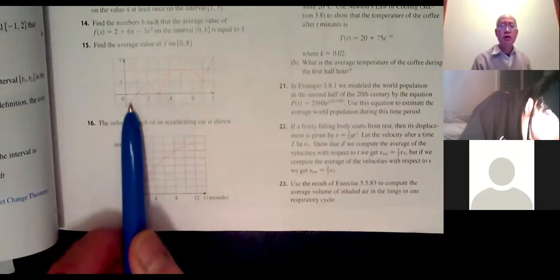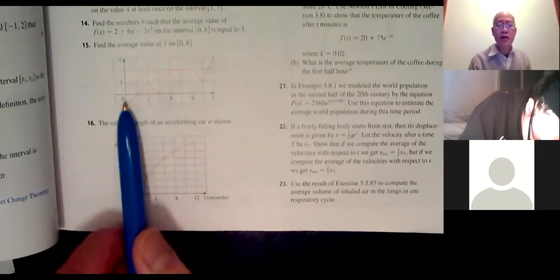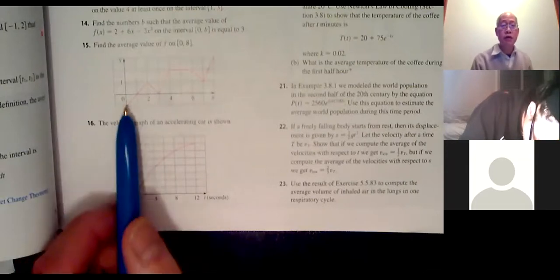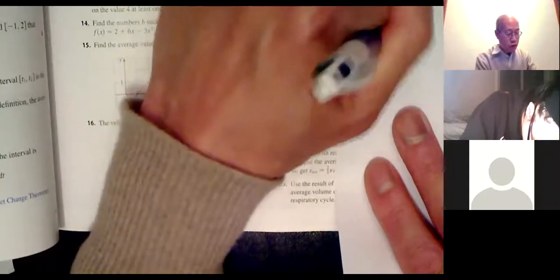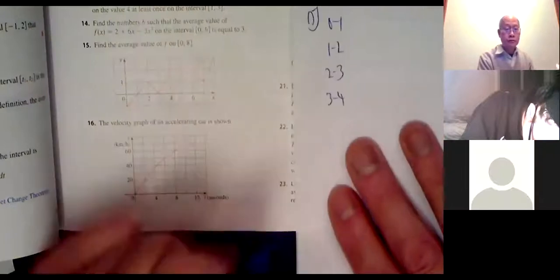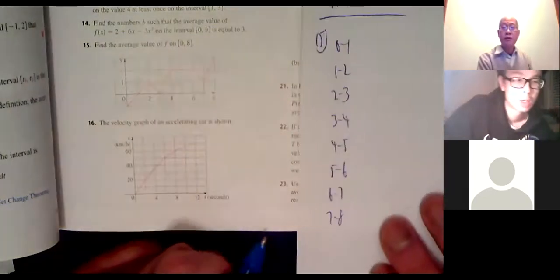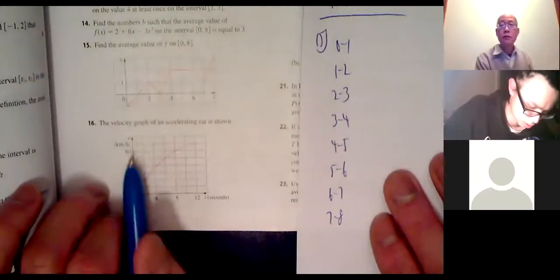So to find the integral, I'm really just counting squares here, as it were. So I'll do a running tally. For problem 15: 0 to 1, 1 to 2, 2 to 3, 3 to 4, 4 to 5, 5 to 6, 6 to 7, 7 to 8.